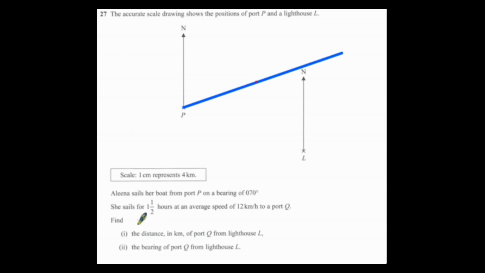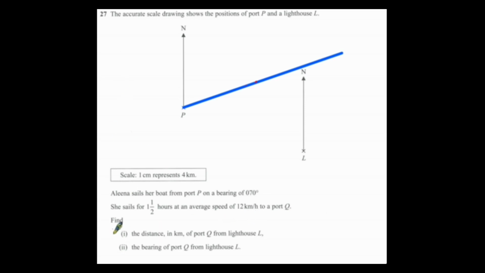We now know that she sails for 1.5 hours at an average speed of 12 kilometers per hour to a port at Q. So 1.5 hours, average speed 12 kilometers per hour.